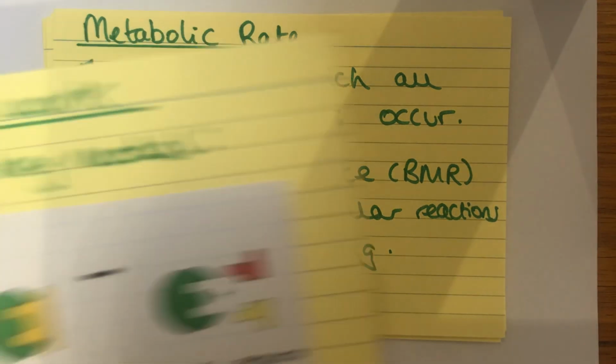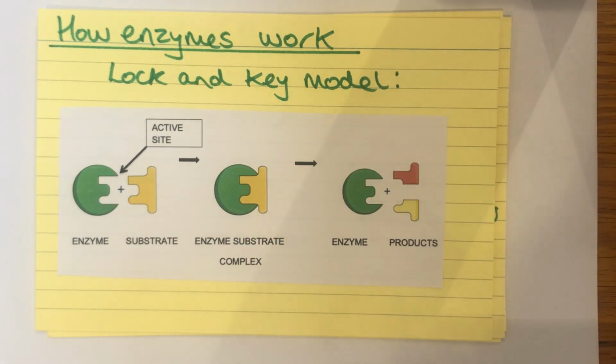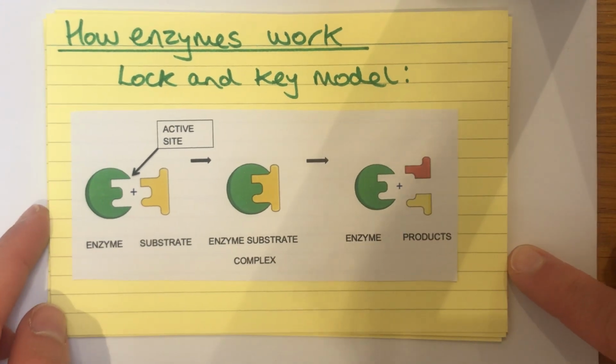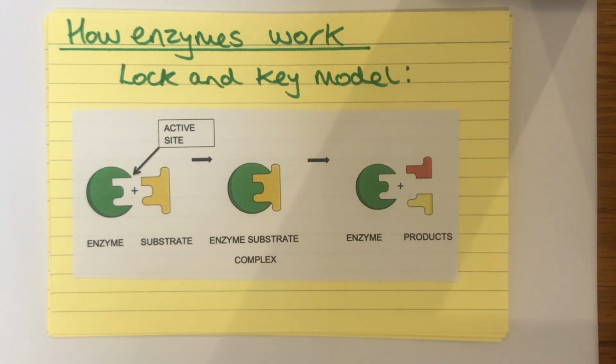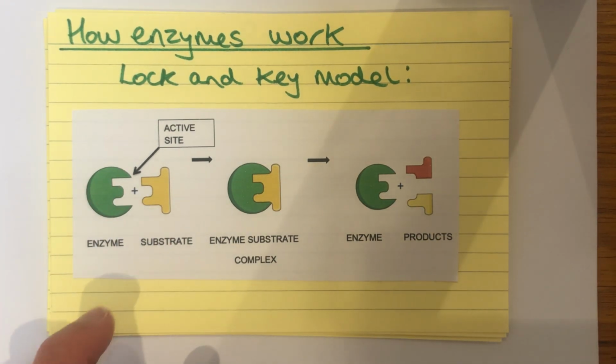Let's have a look again in a bit closer detail at how enzymes work in some of these chemical reactions that take place in our body. As I said before, enzymes are biological catalysts made of proteins, and they have a specific shape which is called their active site.